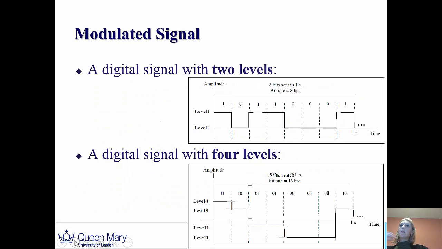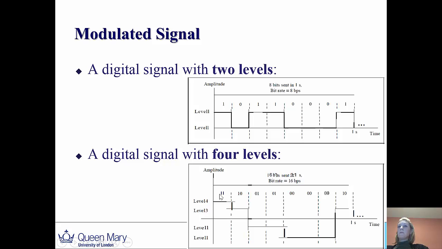Just as a reminder, we've seen how we can have a digital signal with 2 levels, or a digital signal with 4 levels. Where we have our 2 levels, where we have a positive value here, we have the transmission of a binary 1. Where we have our 0 value here, we have the transmission of a binary value 0. Where we have our digital signal with 4 levels, for each level, we're actually communicating 2 bits of data.